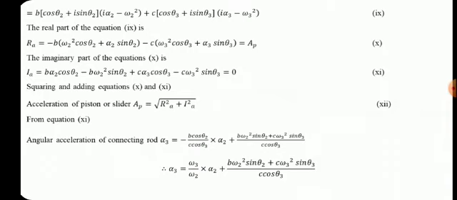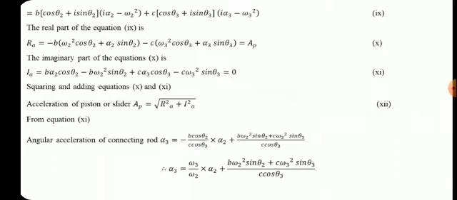By squaring and adding these two parts, minus b cos θ2 over c cos θ3 into α2, b ω2 square sin θ2, c ω3 square sin θ3.